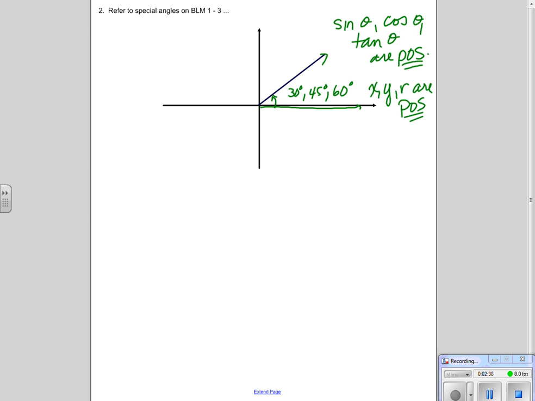We also looked at, in the second section of that handout, a number of obtuse angles between 0 and 180. We looked at angles of rotation of 120, 135 and 150. And if you look at your table, you will notice that x is negative.